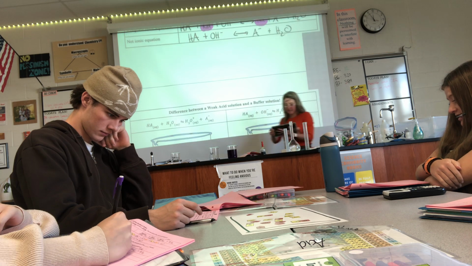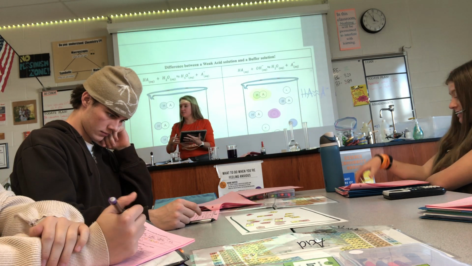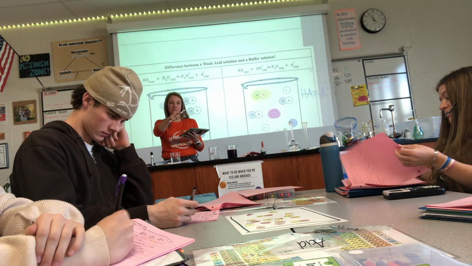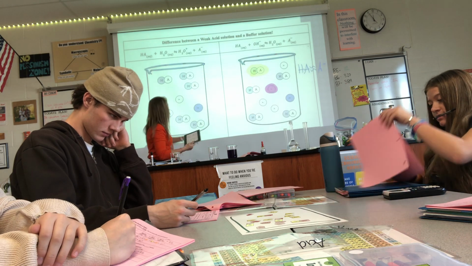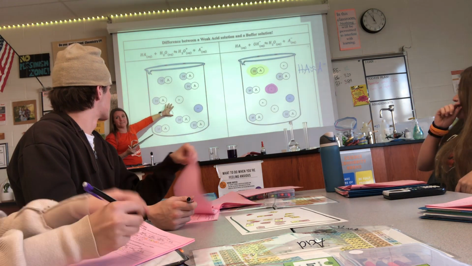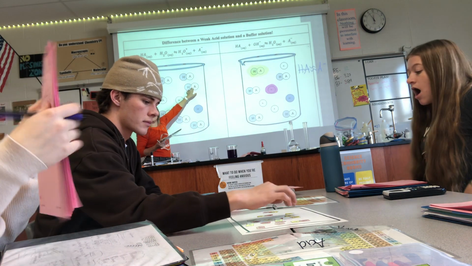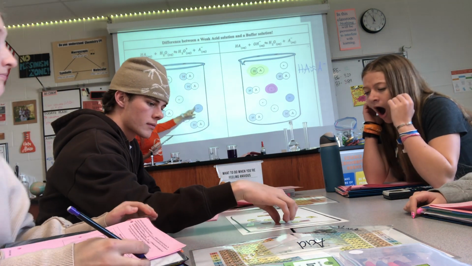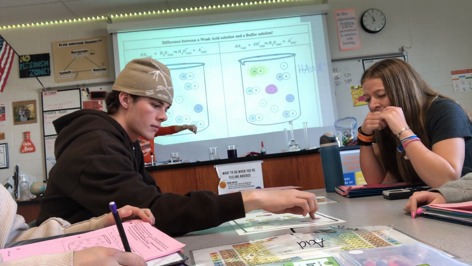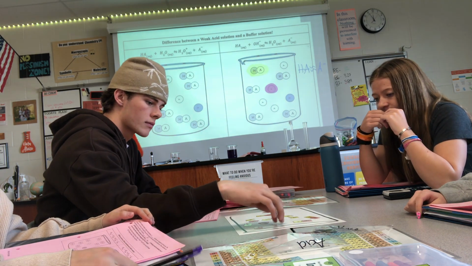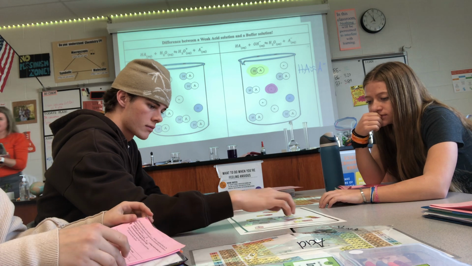Okay, let's look at a buffer now. What I'd like you to do is make the beaker on your table look just like this beaker. You should have 1, 2, 3, 4, 5, 6, 7, 8 HAs together, 1 A minus and 1 H plus apart, and then you'll have a spare that you're not using. So pull out one completely and make it match mine.